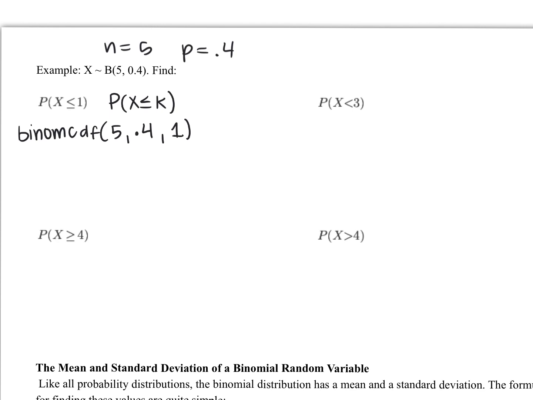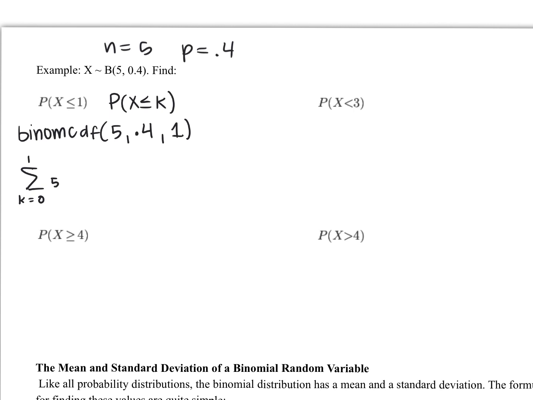Your other option is to do the summation feature on your calculator. If I'm looking at everything less than or equal to 1, there's only one number less than 1, so I'm going to start at 0 and go to 1.